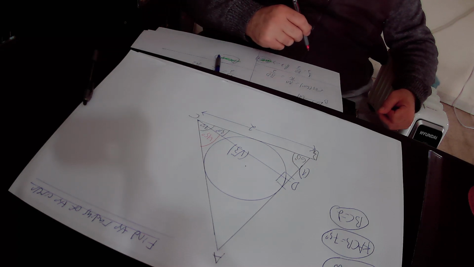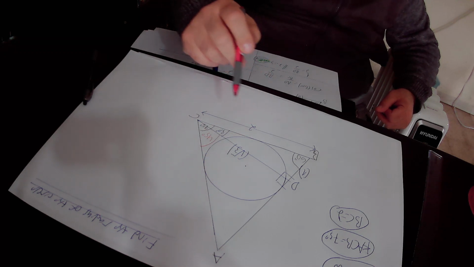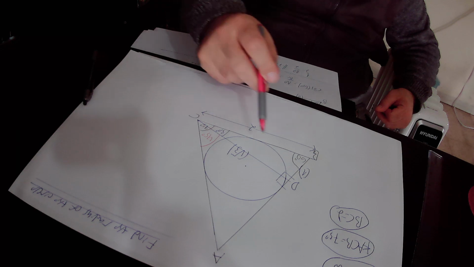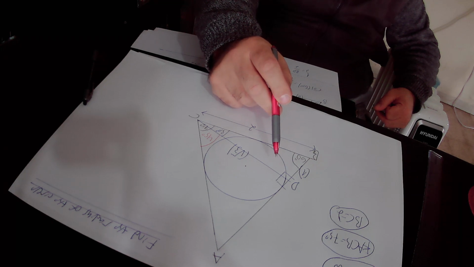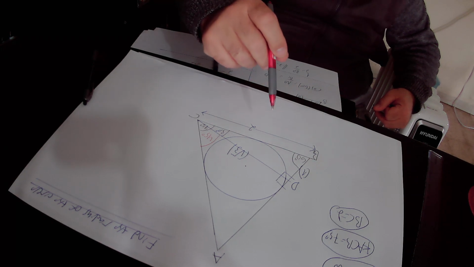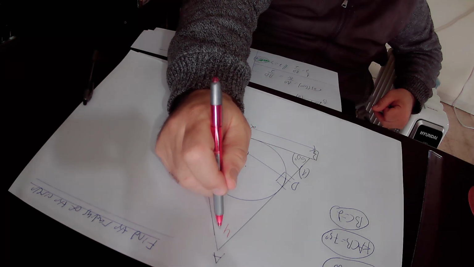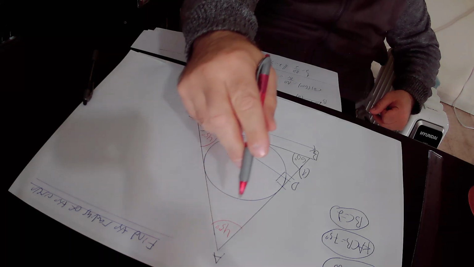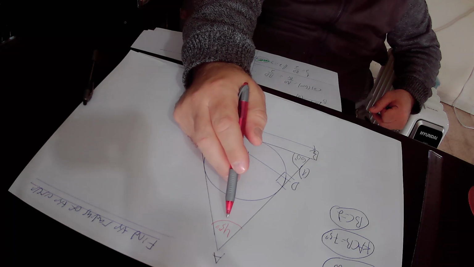So in the right triangle ACD, this angle equals 45 degrees, this angle equals 90 degrees. 90 degrees plus 45 degrees is 135 degrees. So again, in order to complete the sum of the angles in the right triangle ADC to 180 degrees, the missing angle here must be equal to 45 degrees.